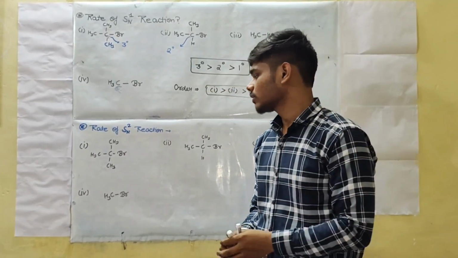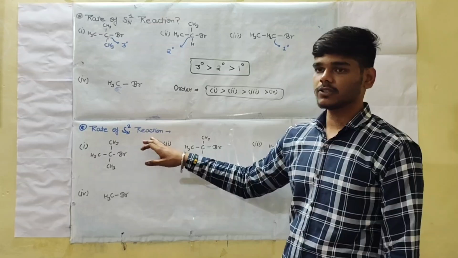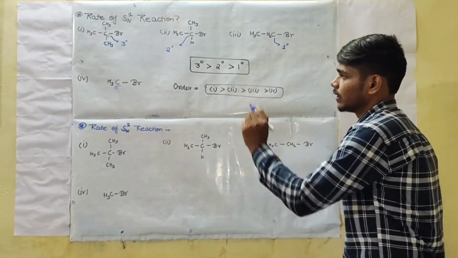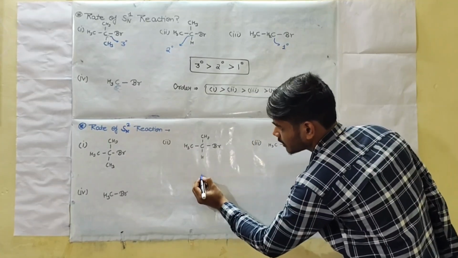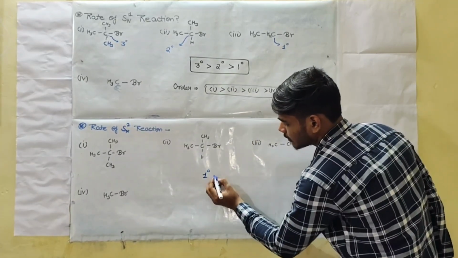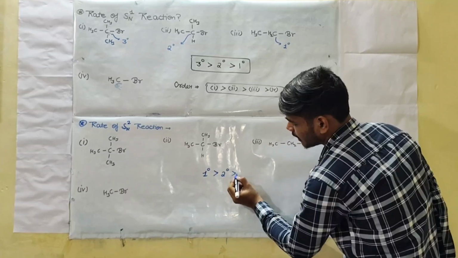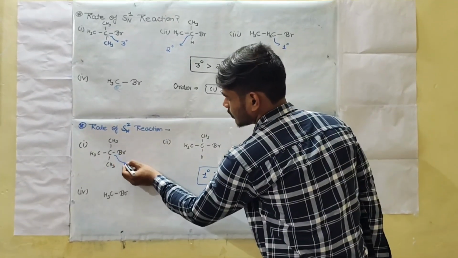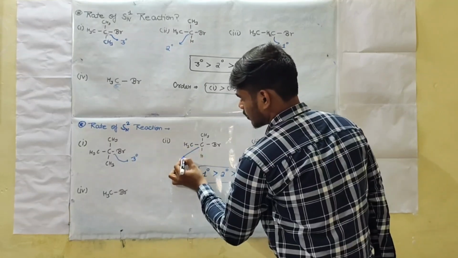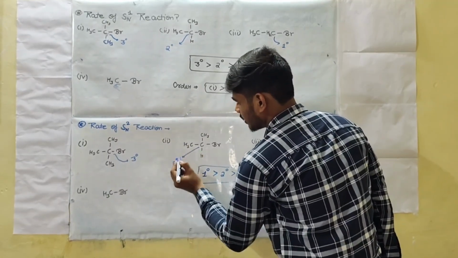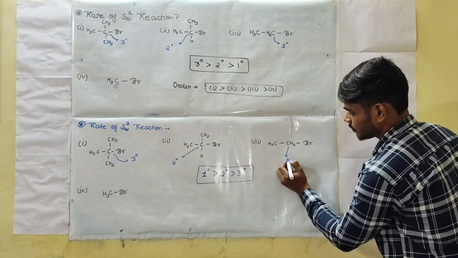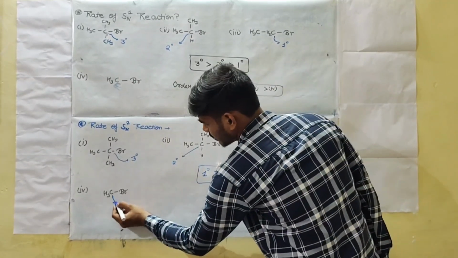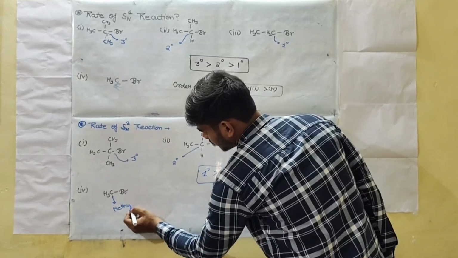Now we look at the order of rate of SN2 reaction. Previously we saw that the fastest rate in SN2 reaction is for 1 degree carbon, then 2 degree carbon, and then 3 degree carbon. Here the first one is 3 degree carbon, the second is 2 degree carbon, the third is 1 degree carbon, and the fourth is a methyl group.